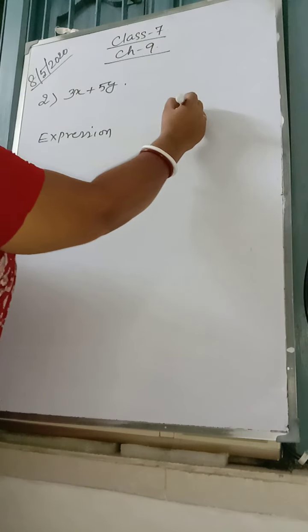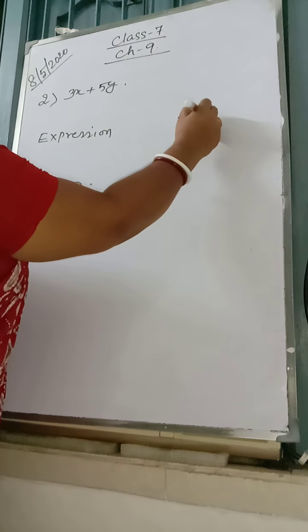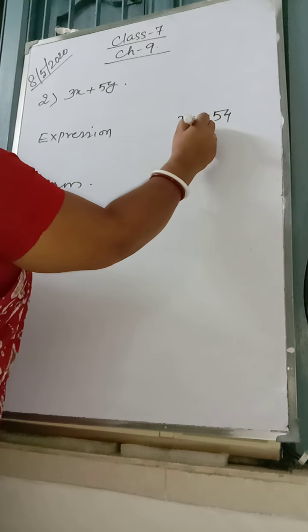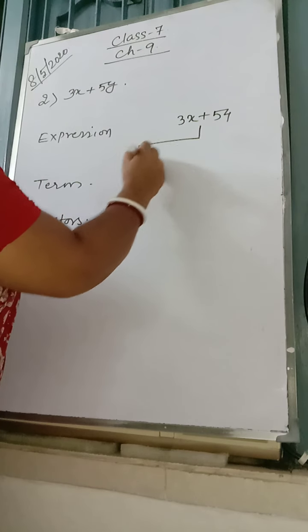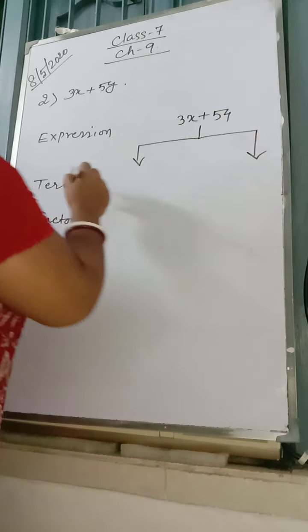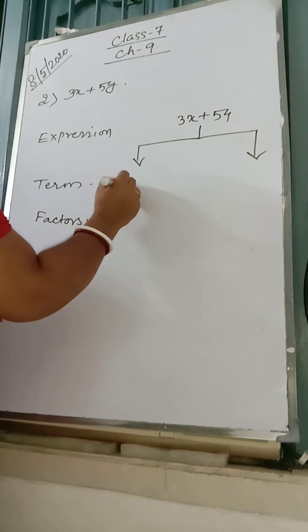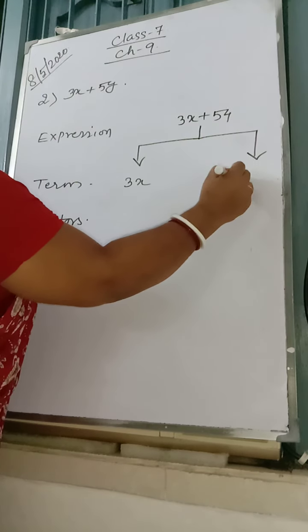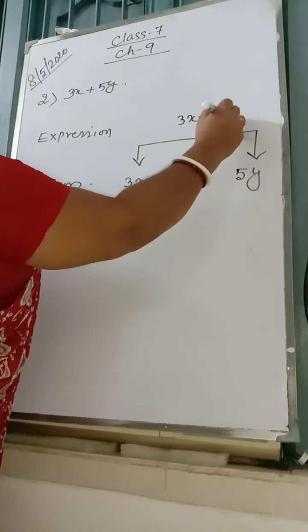Now first in expression we will write 3x plus 5y. We'll make an arrow and that comes to the second column, that is term: 3x and 5y.